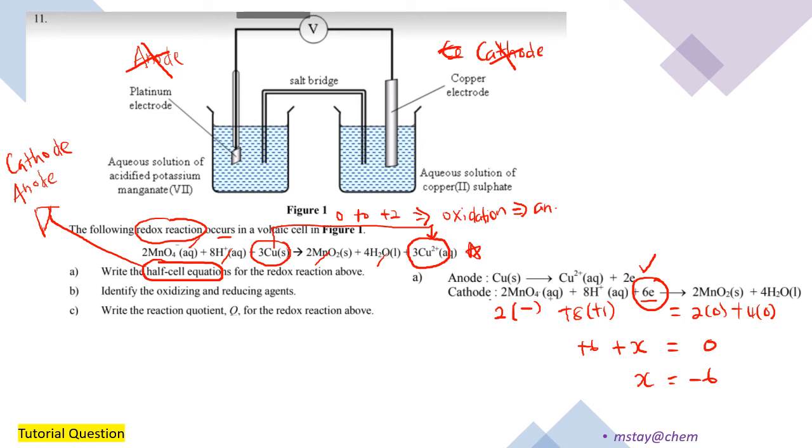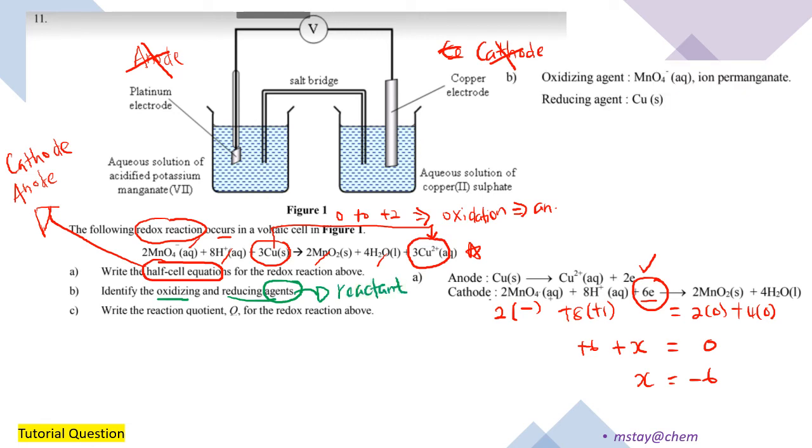Okay, then we go to part B, identify the oxidizing agent and reducing agent. Keep in mind that if the question asks us to look for the oxidizing agent or reducing agent, it basically refers to a reactant. As we know, the oxidizing agent is the species which undergoes reduction. Reduction happens at the cathode.